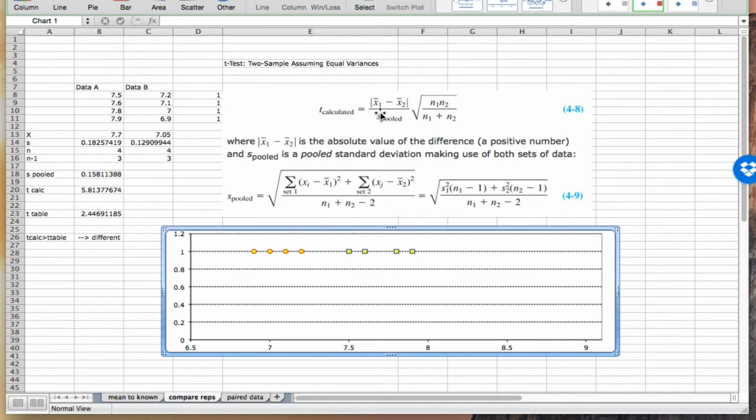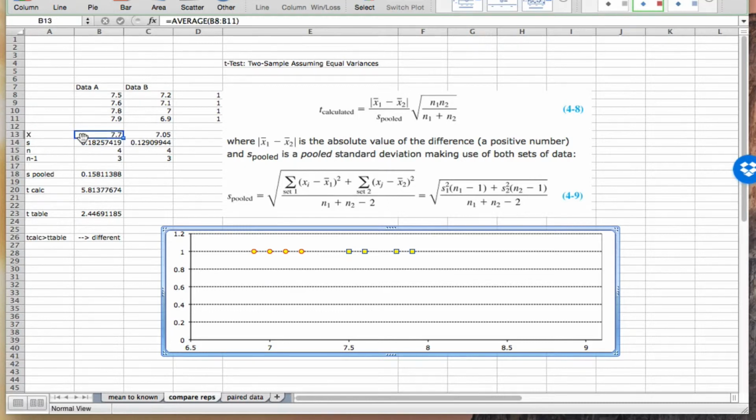The t calculated is x bar 1 minus x bar 2, the difference of the means of data set 1 and data set 2, take the absolute value of that, divided by the pooled standard deviation, scaled by the number of observations in both data set 1 and data set 2.